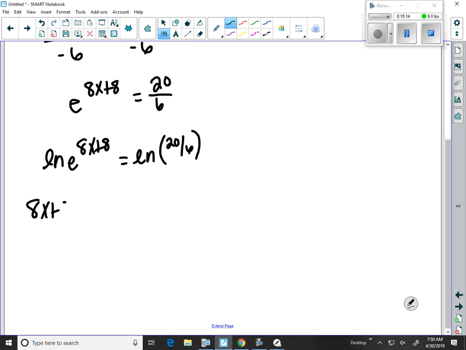Hopefully you're thinking bring that exponent out. Okay, to make it quick, do I need to write natural log of e? No, right? That's just 1. So we can just leave the 8x plus 8. We have our natural log of 20 over 6, or if you reduce it.